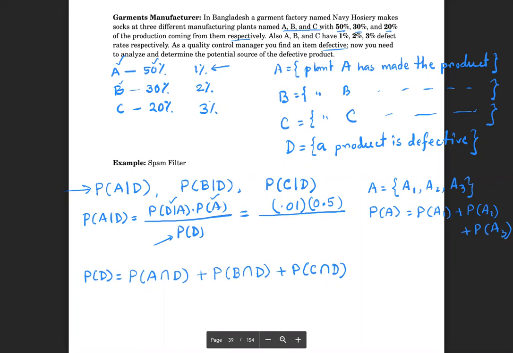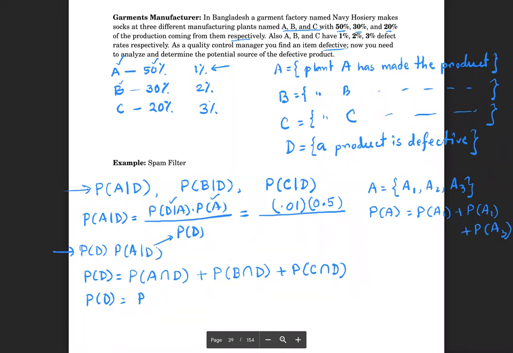Now, probability of defective is going to be probability of plant A. Now remember the order in which you do this, that could run into trouble, but we are going to keep going. I have talked about it at least 3-4 times before. If you try to write it as probability of defective times the probability of A making it given defective, you'll run into problems.